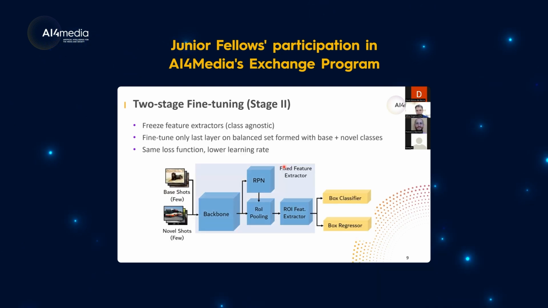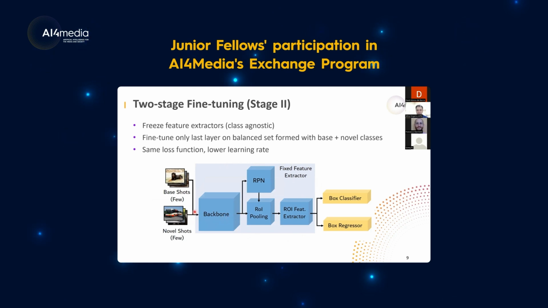Then in the second stage, the fine-tuning stage, we freeze the entire part responsible for processing each image up until outputting a fixed feature vector, and we label this entire block as a fixed feature extractor. So this part is frozen.